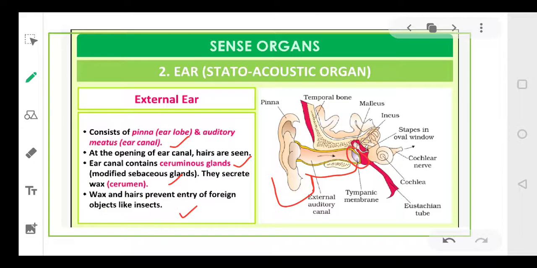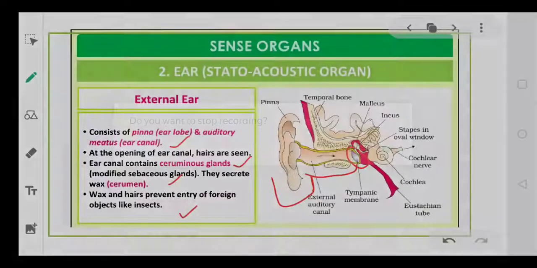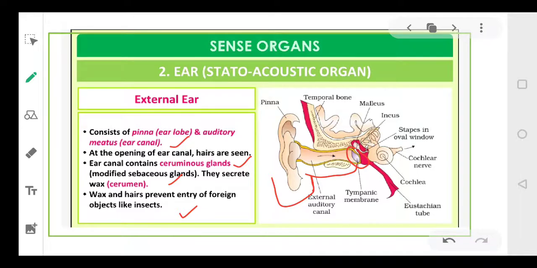Right? So whenever any insect enters into the ears, it gets trapped inside this wax, so that those insects get trapped into the wax and they die. So they cannot enter your middle ear. So the external ear prevents the entry of foreign materials as well as insects into your middle ear.